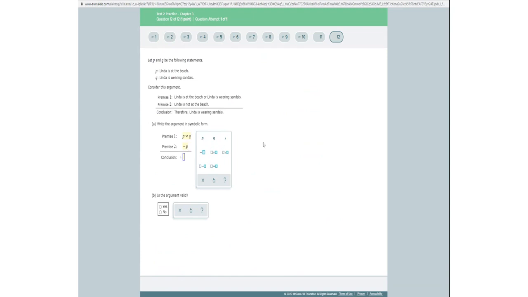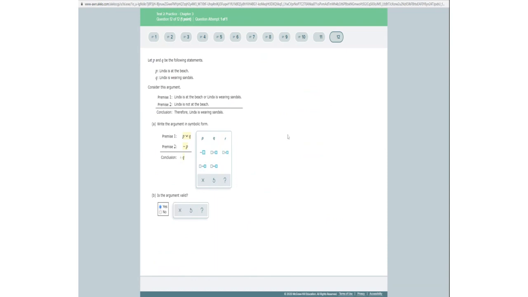All right, so this is what they call that syllogistic thing. This one is valid because if you have P or Q, and then you take P out of the mix, then you can deduce Q. So yes, this is a valid argument.